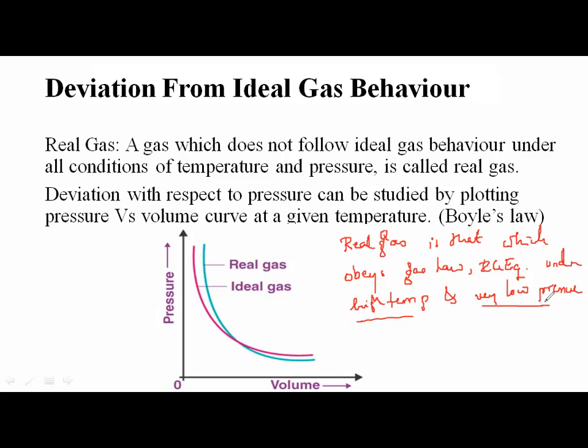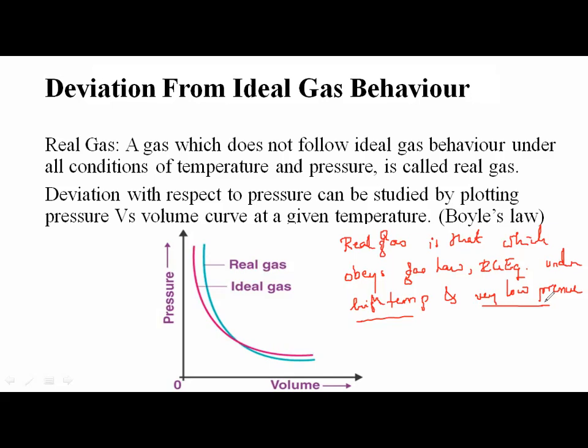Such gases are called real gases, or non-ideal gases. So what are real gases? A real gas or non-ideal gas is that which obeys gas laws or the ideal gas equation under very high temperature and very low pressure.